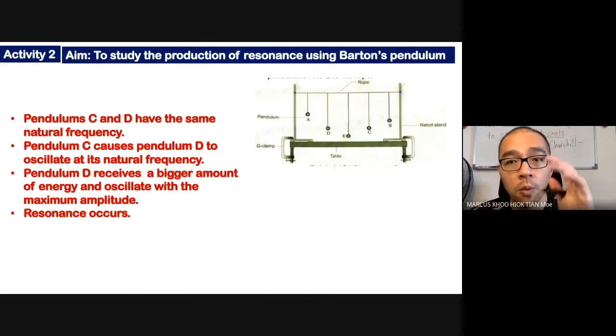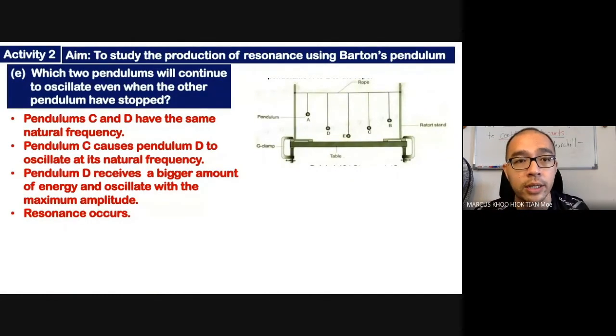So why does this happen? Let's take a look at this. Which two pendulums will continue to oscillate even when other pendulums have stopped? After a while, B, E, and A are going to stop. And so pendulum C and D have the same natural frequency. So pendulum C causes pendulum D to oscillate at its natural frequency, and we call this a forced oscillation.